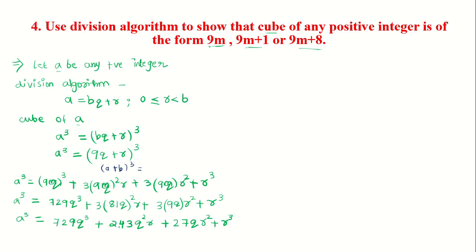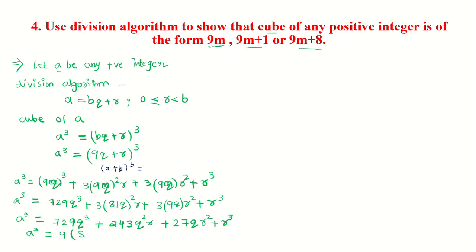Now we will simplify this equation. It is a little complex. So how will you simplify this? a cube equals, look at these numbers 729, 243, 27. All of these are in the 9 table. So we'll take out 9 as common.